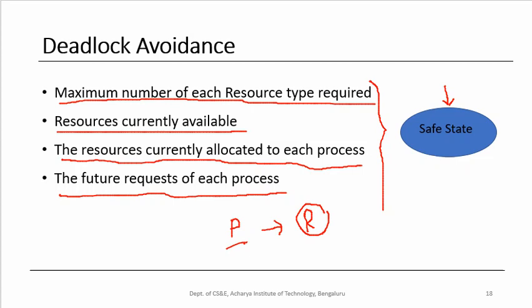If the operating system finds that the system is going to remain in the safe state, only then is this resource R granted to process P. This is what is known as deadlock avoidance. If the operating system finds that granting resource R will lead to an unsafe state or leads to deadlock, then it defers granting of this resource.